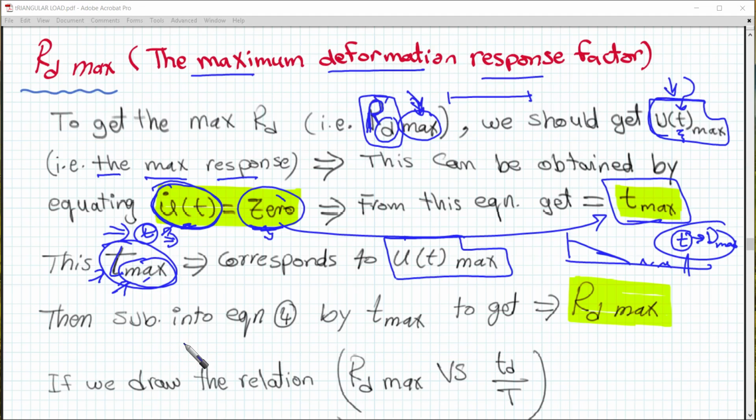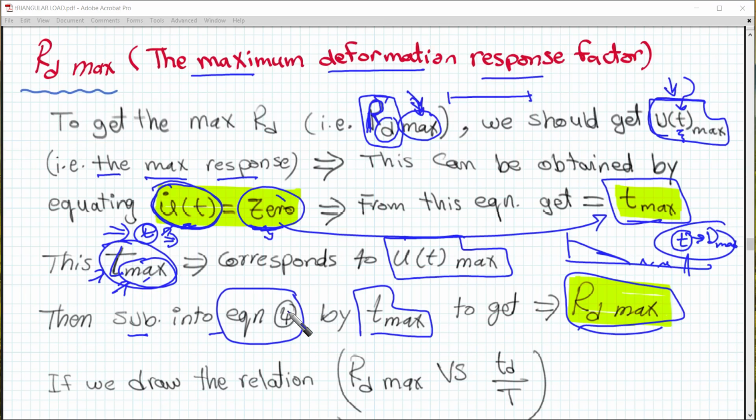Then we're going to substitute into equation 4 by t maximum to get rd maximum. Equation 4 here means the equation that contains rd. Because we have two types of equation, if you remember.